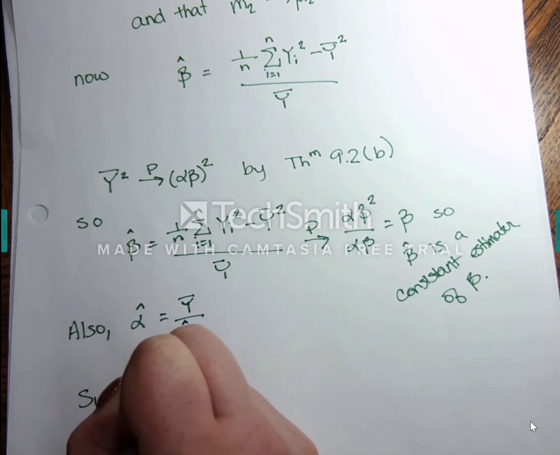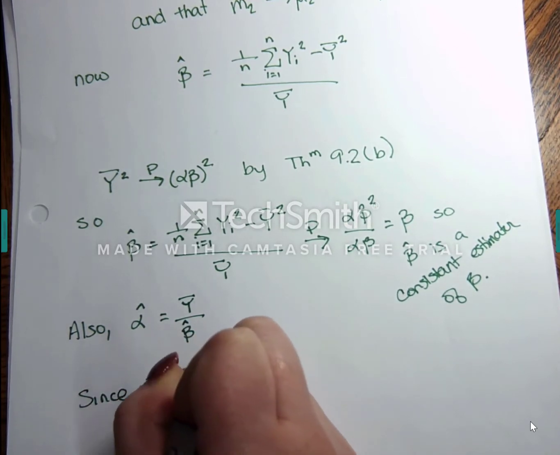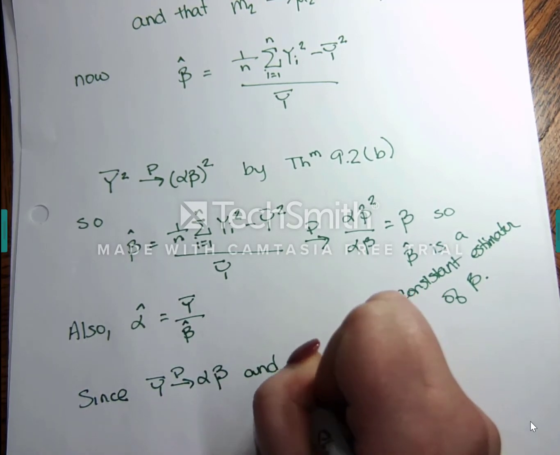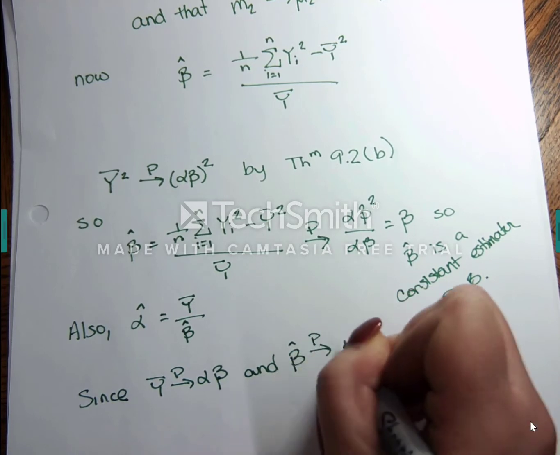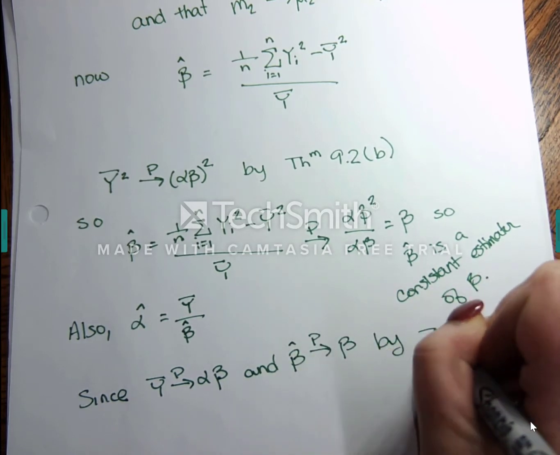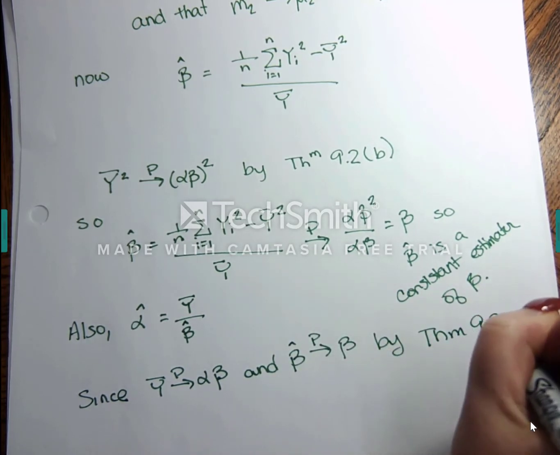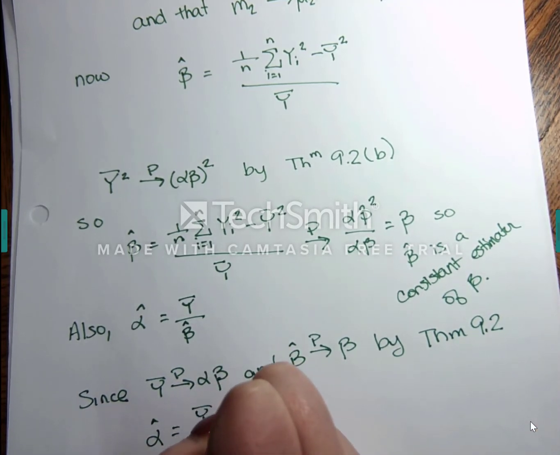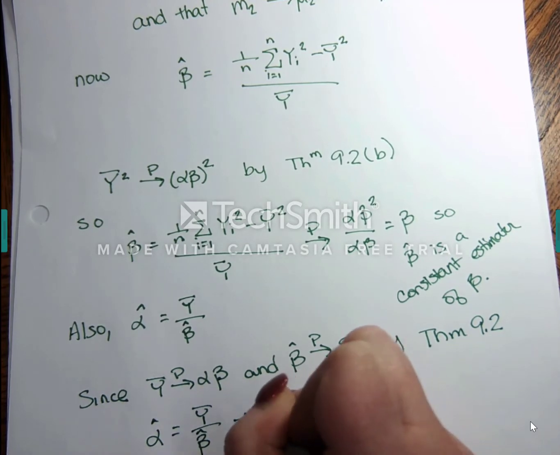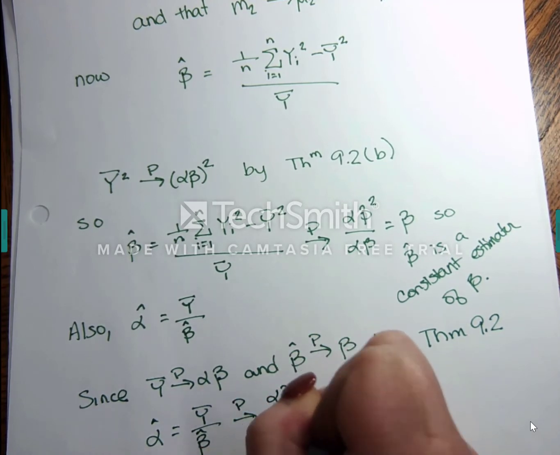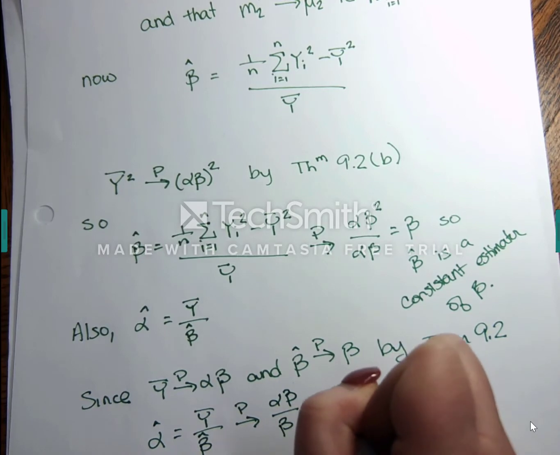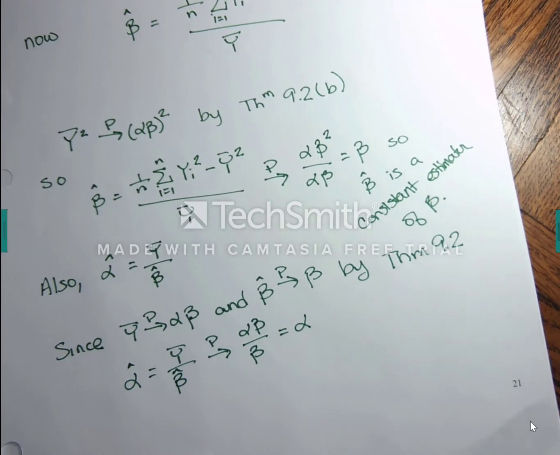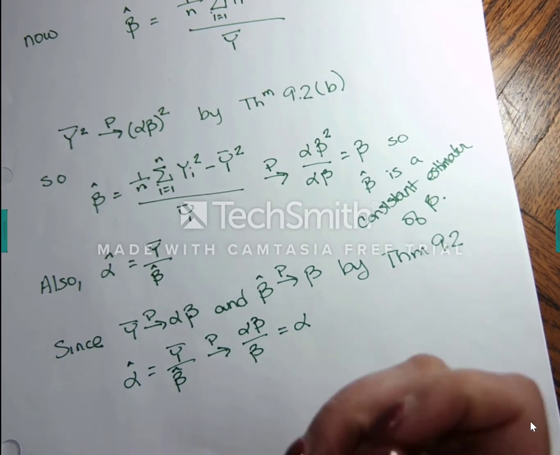Since y bar converges in probability to alpha beta, and beta hat converges in probability to beta, again by theorem 9.2, we know that alpha hat, which is equal to y bar divided by beta hat, is going to converge in probability to alpha beta divided by beta, which is equal to alpha. So in other words, what we've shown here is that alpha hat is a consistent estimator of alpha.